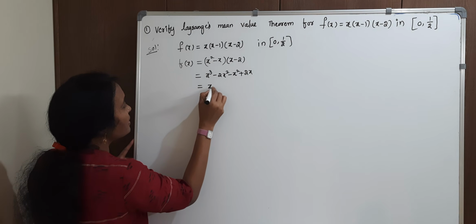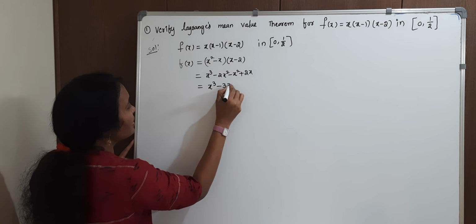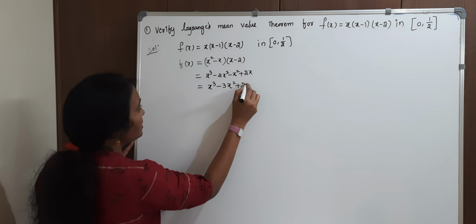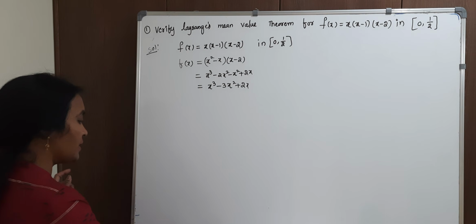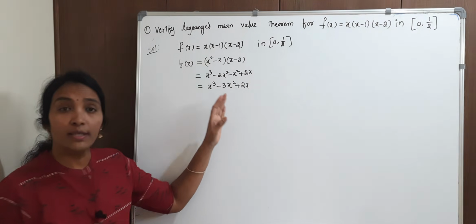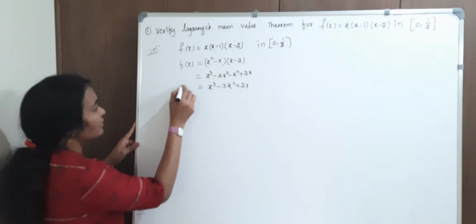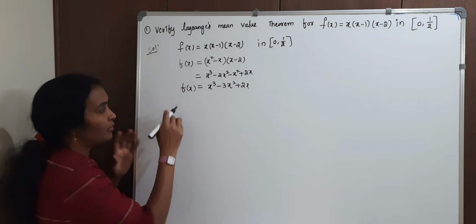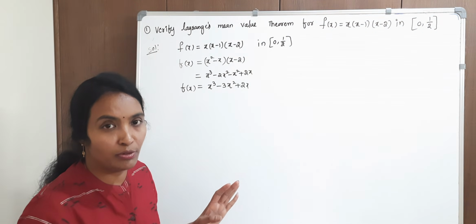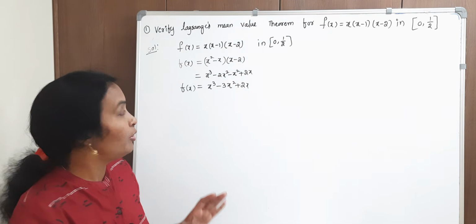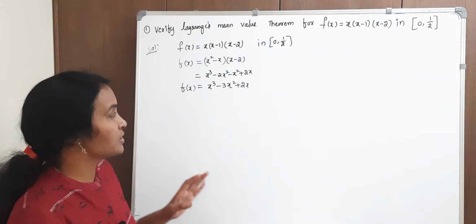This is x cube minus 3x square plus 2x. Now it is a polynomial function. No need to worry about continuity. Every polynomial is a continuous function.